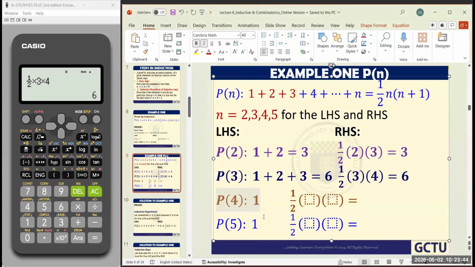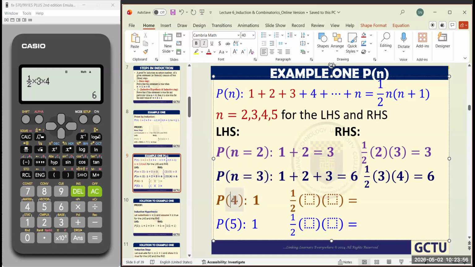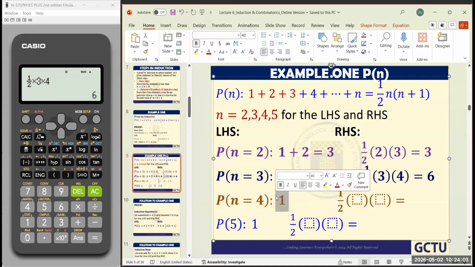No, on the right-hand side, you substitute the value of n. You see, this is n. This value you have here, this is n is equal to 2. This is n is equal to 3. And this is n is equal to 4. So when you come to the right-hand side, you don't take the answer you got on the left. No, you take the value of n.